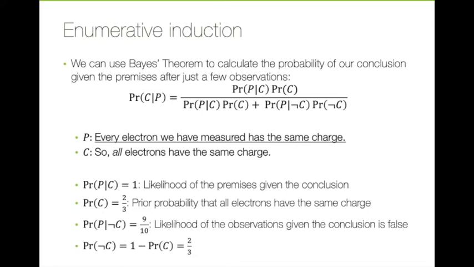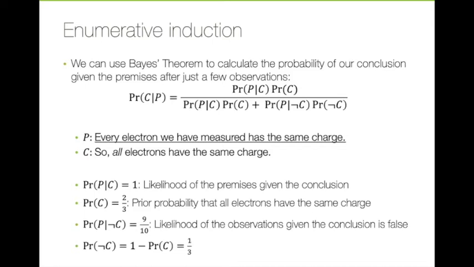So not C is the case. So again, it's still pretty likely that we make those 5 observations when the charge of an electron isn't constant. So this number should still be kind of close to 1: the probability that we would see 5 electrons with the same charge, given that not all electrons have the same charge.